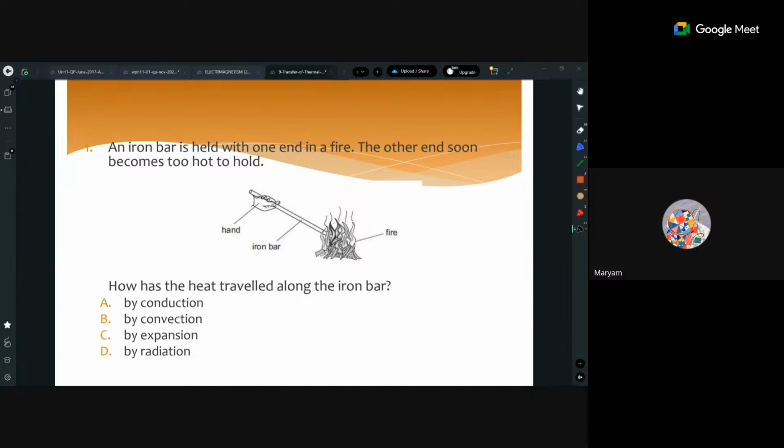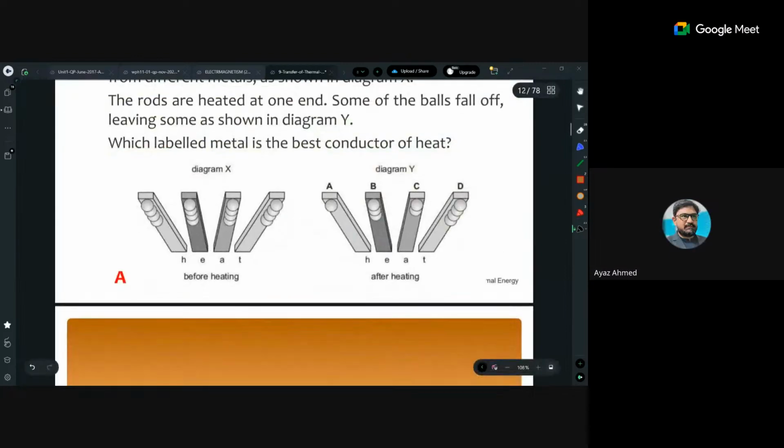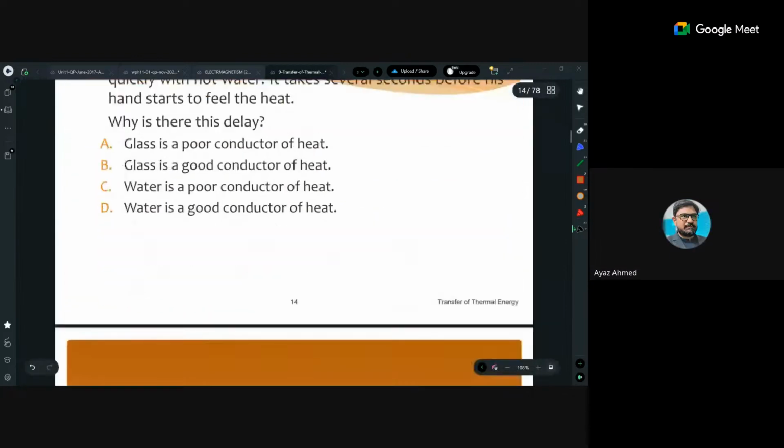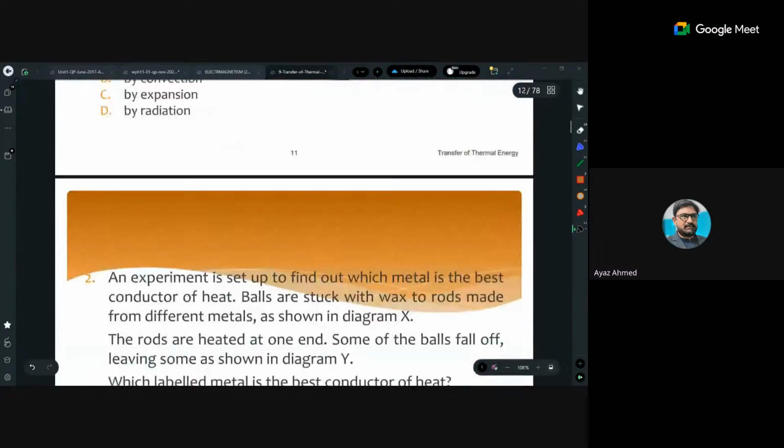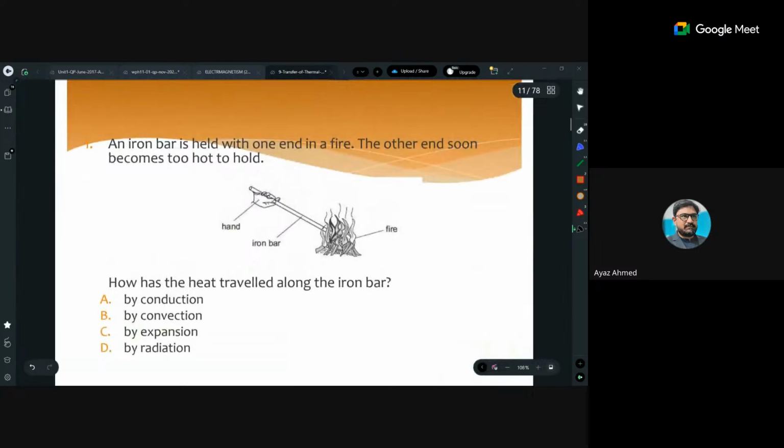There are different ways. I will show you different examples which are being asked in our past paper questions, that how do we distinguish. So for example, there are tests. This is a general test. For example, you are holding a rod of solid, and if that rod of solid is conducting heat from the fire source to your hand, it means this is a good conductor.